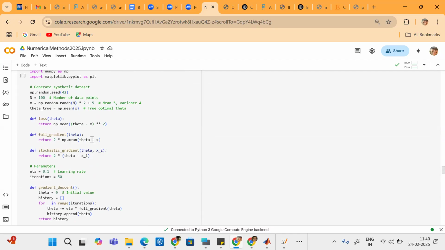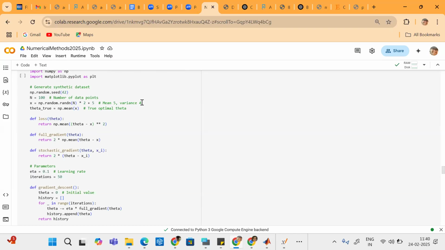But here the x we are taking is random. We are adding some variance to it. We are taking the mean to be 5 and variance to be 4. Nothing special, it can be any other number. Why are we taking it? For one purpose: to add stochasticity into the gradient descent.